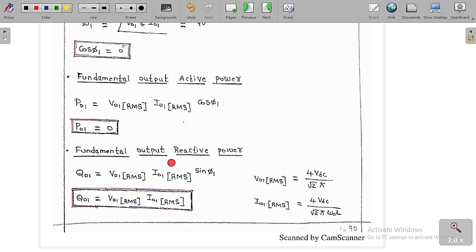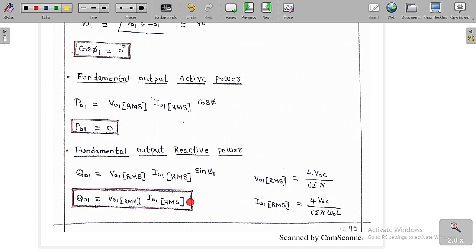Similarly, the fundamental output reactive power consumed by the load is equal to the RMS value of the fundamental component of the output voltage into the RMS value of the fundamental component of the load current into sine of phi 1, where phi 1 is the phase angle between the fundamental output voltage and the fundamental output current. As phi 1 is equal to 90, sine 90 is nothing but 1. So we are going to get the RMS value of the fundamental component of the output voltage into the RMS value of the fundamental component of the output current.